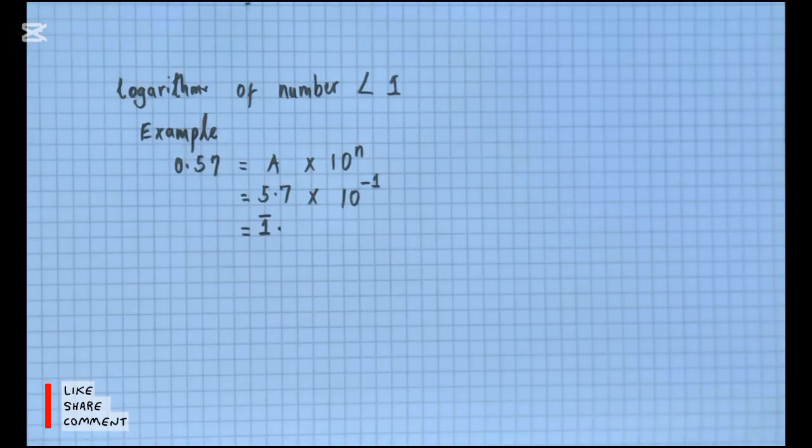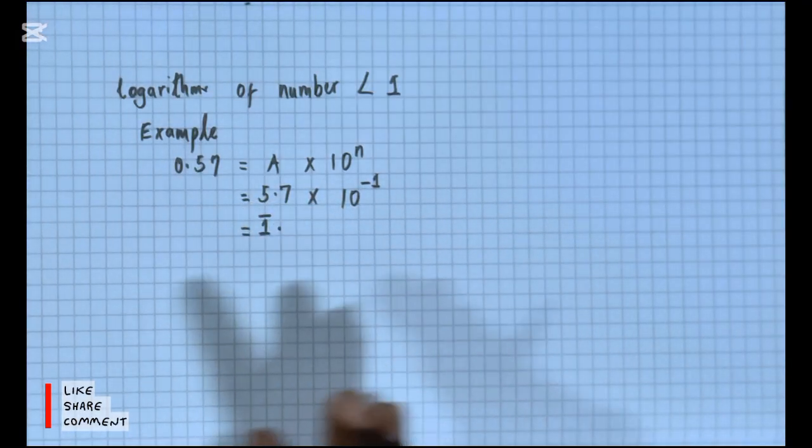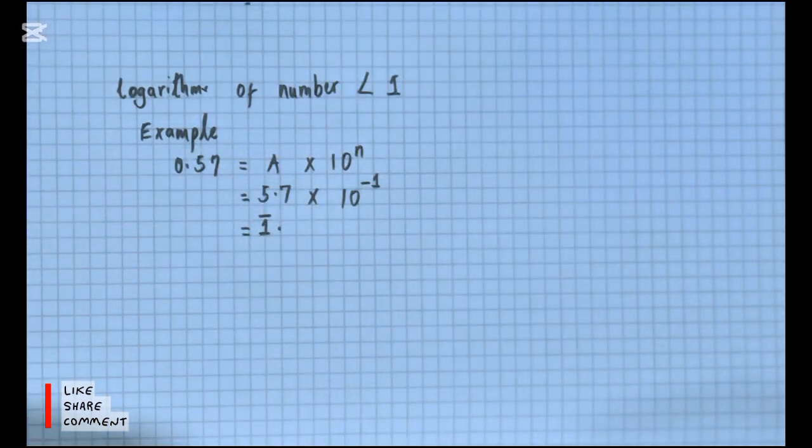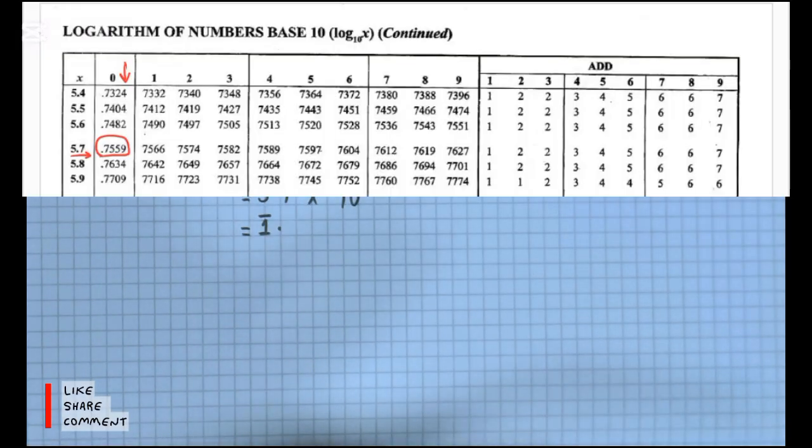And so for the number 5.7, remember that is the mantissa. We will read it directly from the logarithm table. So we are going to go to the x column, where we are having 5, and find 5.7 from the table directly.